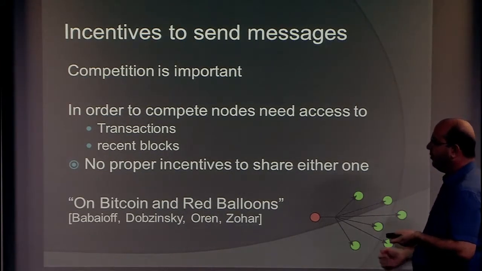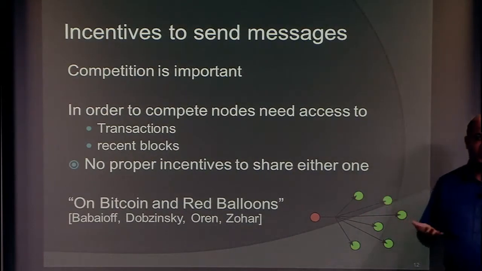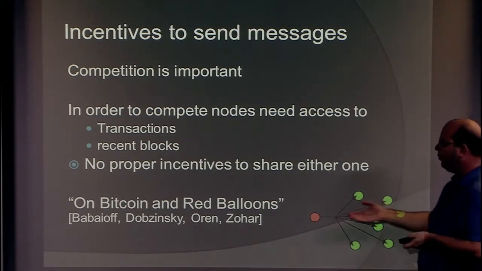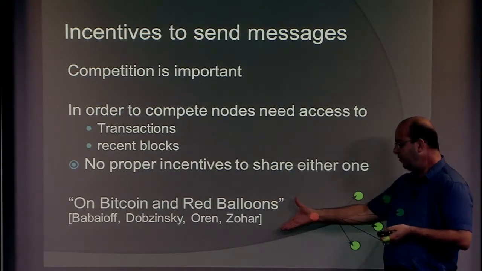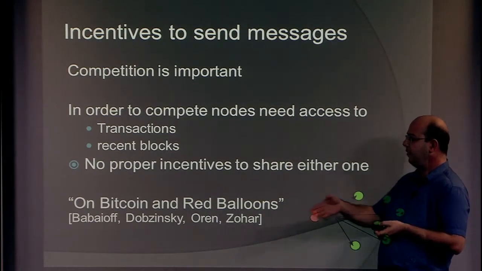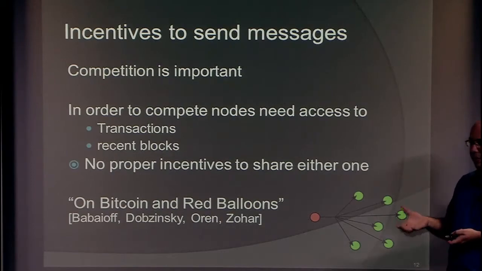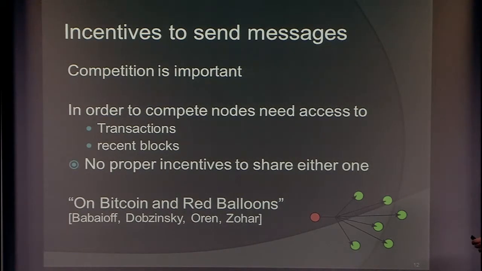And really, nodes don't have an incentive to send transactions and blocks to their competitors. Why would I ever do that? So we suggested a few fixes, but we're still not really satisfied with the results because if we implement them, they will take up too much space on blocks, and they're still not practical enough for us to really push for them to be put into Bitcoin.